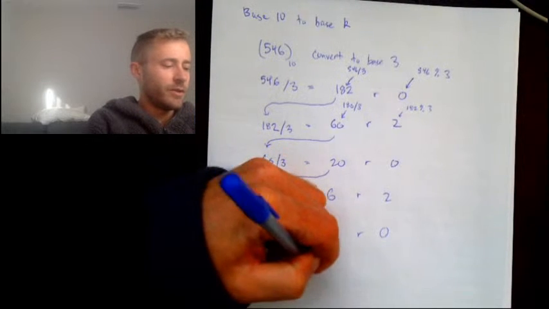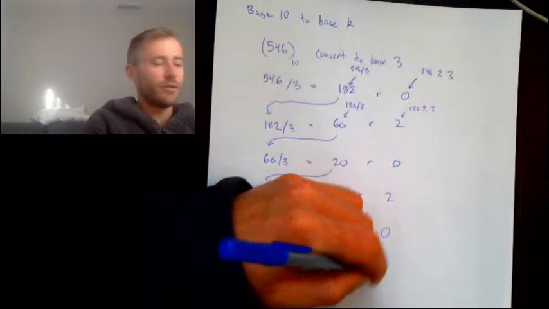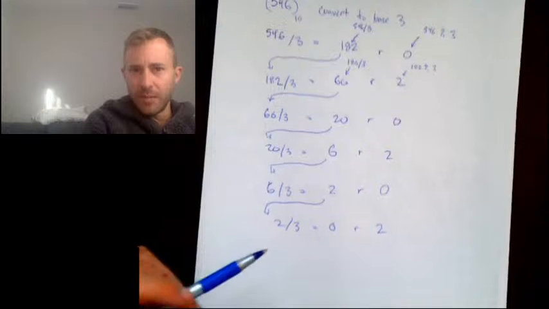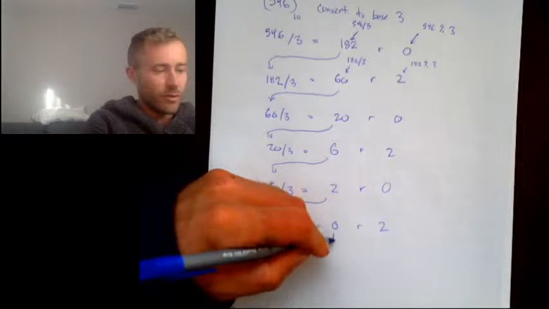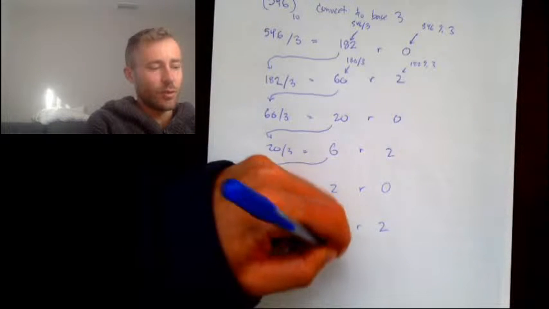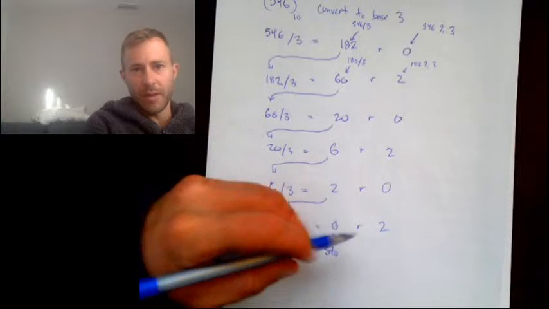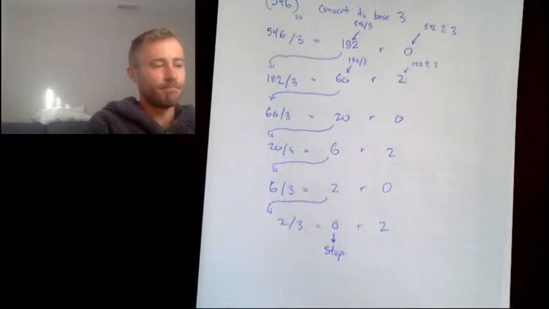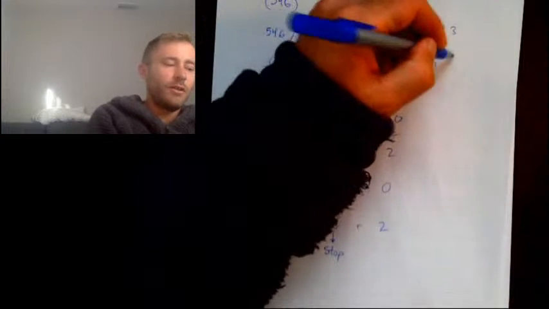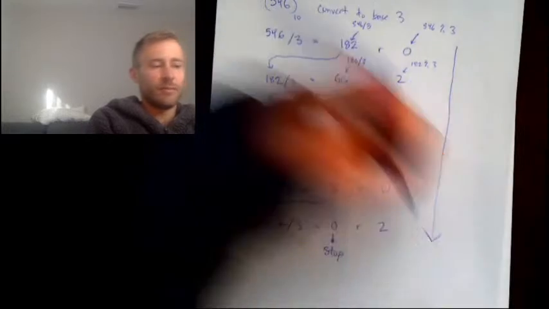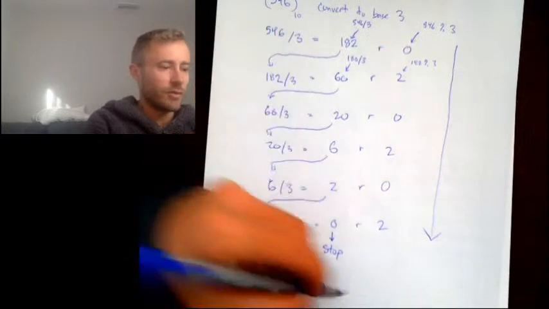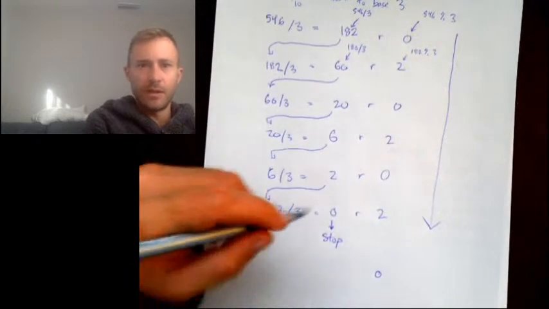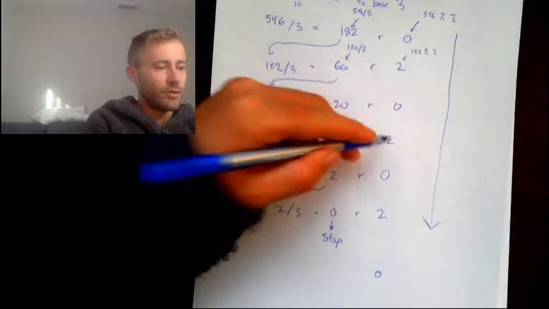And that's going to be equal to 0, remainder 2. So you keep going until you get to 0. So once you have 0 remainder something, you stop. Okay? And then you just read the digits going in that direction. So it's going to be 0, 2, 0, 2, 0, 2.